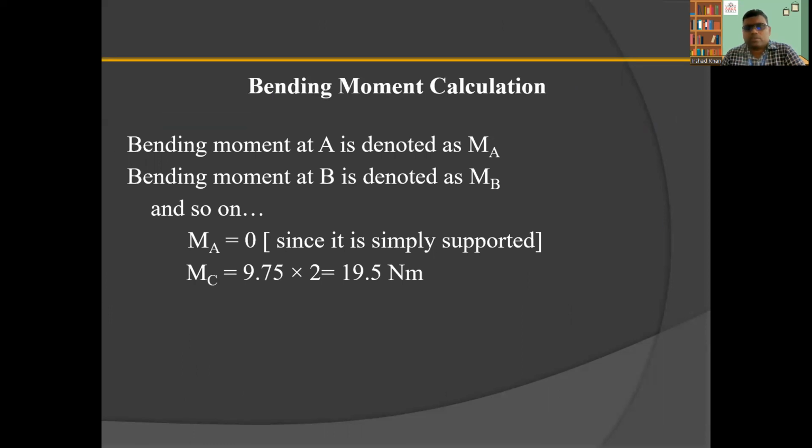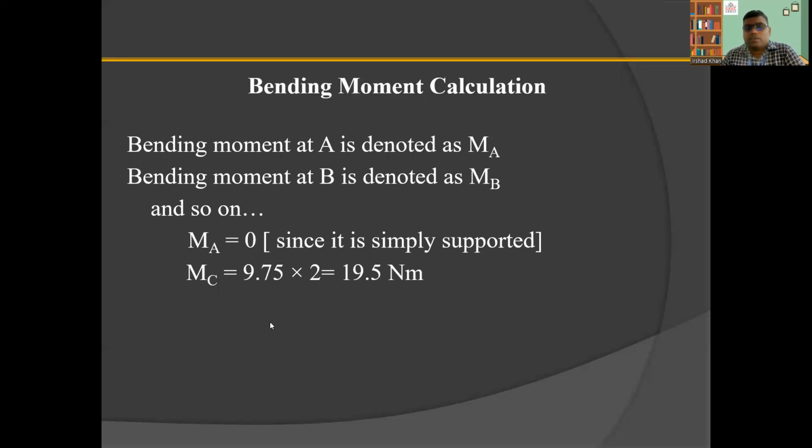Okay, so for the bending moment calculation, MA: it is simply supported, so the bending moment at a support is always 0 in the case of simply supported. The next point is C, where a load is acting.